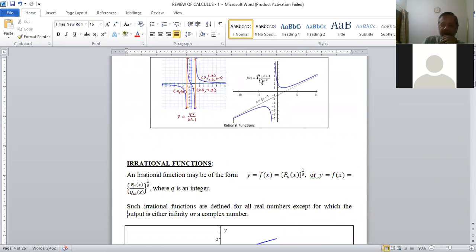But when we talk about irrational functions, then we talk about कि भाई polynomial की power जो है that is 1 upon q, that I'm taking the qth root of a polynomial, or I am taking the qth root of a rational function, and I can make varieties in which I have in power a fractional number. I've written 1 upon q. That is not the ideal thing. It can be p upon q, where p and q have no common factor, and that also makes it an irrational function.